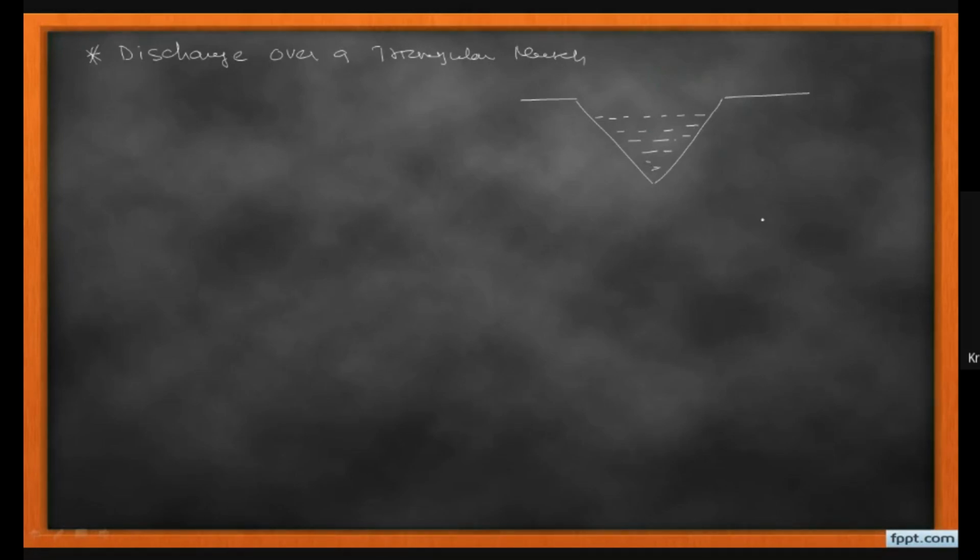This is the height of the water through this triangular notch, that is capital H. And here, students, I am taking the angle and the strip. So I consider this triangle over here, and I consider a horizontal strip over here. This is my strip.